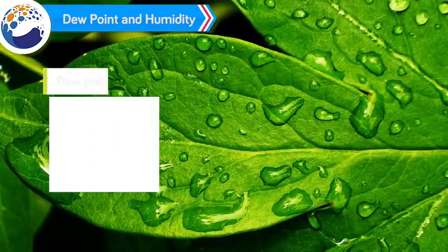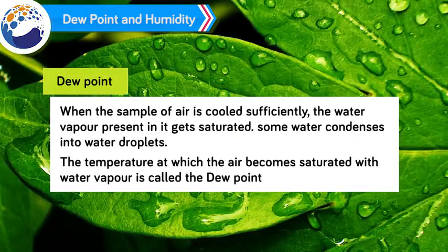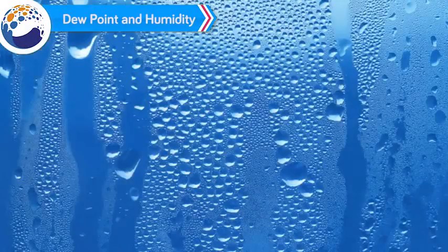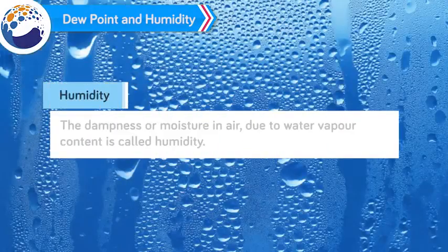Dew point. When a sample of air is cooled sufficiently, the water vapor present in it gets saturated. Some water condenses into water droplets. The temperature at which the air becomes saturated with water vapor is called the dew point. Humidity.